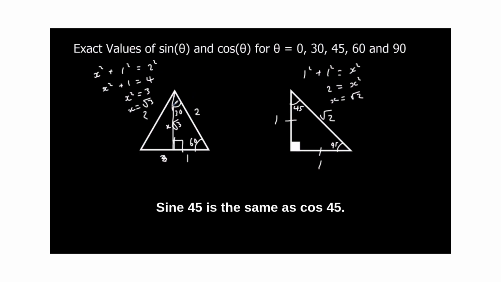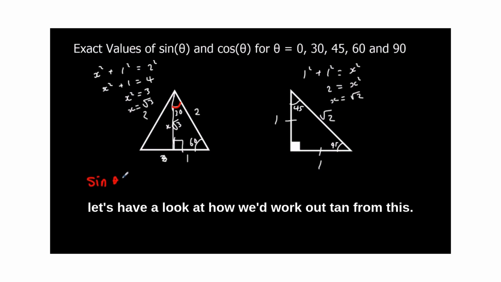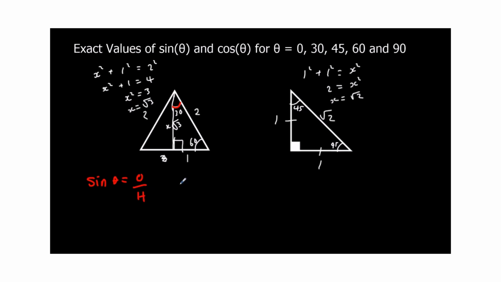So if we look at this angle here, 30 degrees, we know that sine of an angle is opposite over hypotenuse, and cos of an angle is adjacent over hypotenuse.